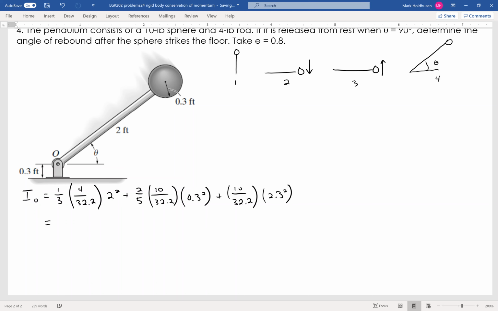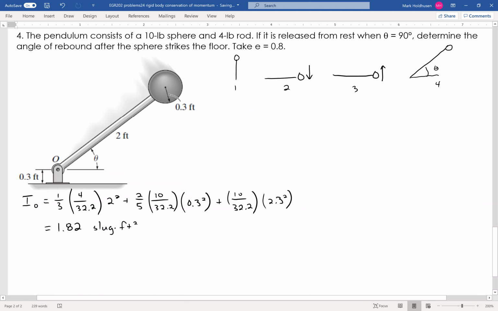So from this, I find that the moment of inertia about point O is 1.82 slug feet squared. Okay, so I'm going to need that to solve this.